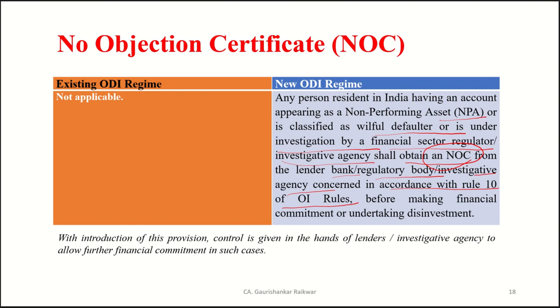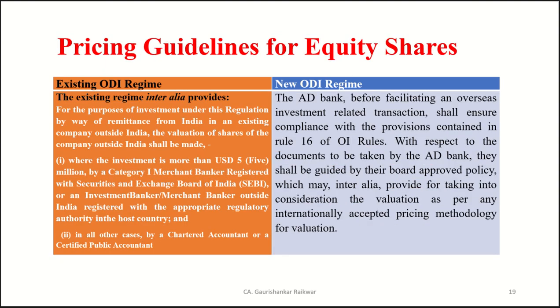So now the investment is allowed, but you have to get the NOC from these agencies. With this provision, control is given in the hands of the lender and investigative agency to allow further financial commitment in such cases.